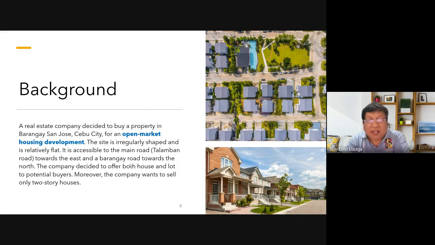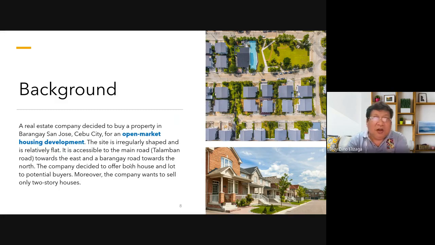So a real estate company decided to buy a property in Barangay San Jose, Cebu City for an open market housing development.